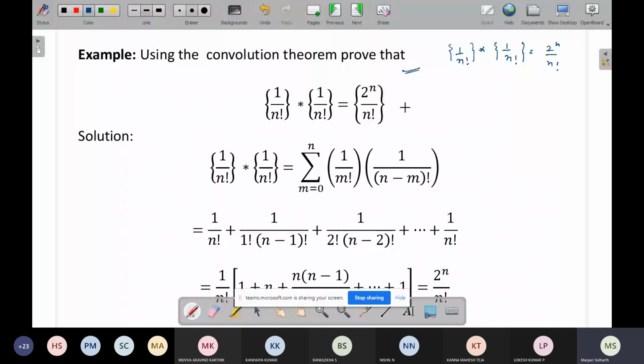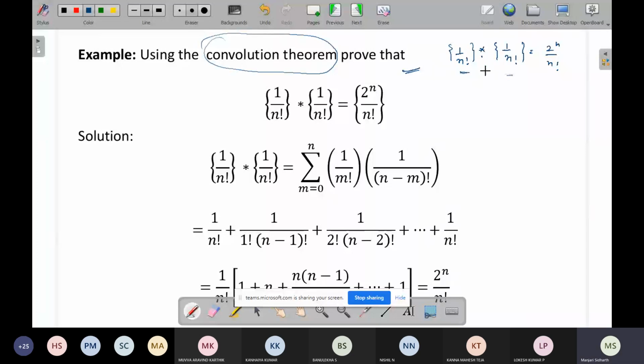Even if it has not been mentioned that you need to use the convolution theorem, star means only the convolution in this course, right? And when we have two sequences, 1 by n factorial and 1 by n factorial, it is understood that we are talking about the convolution theorem in Z transform.